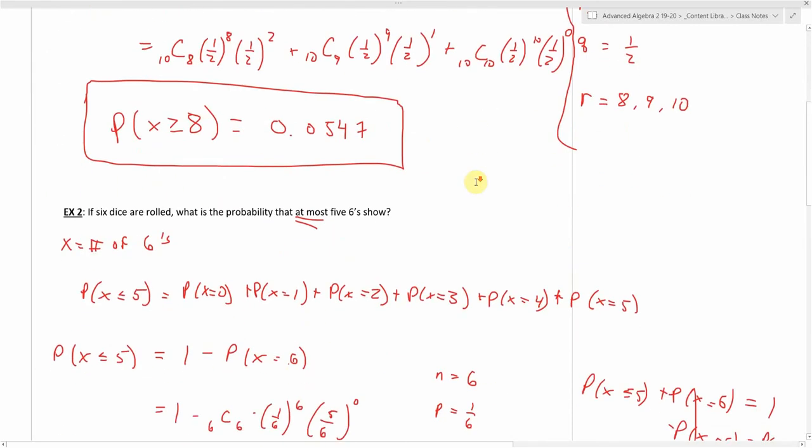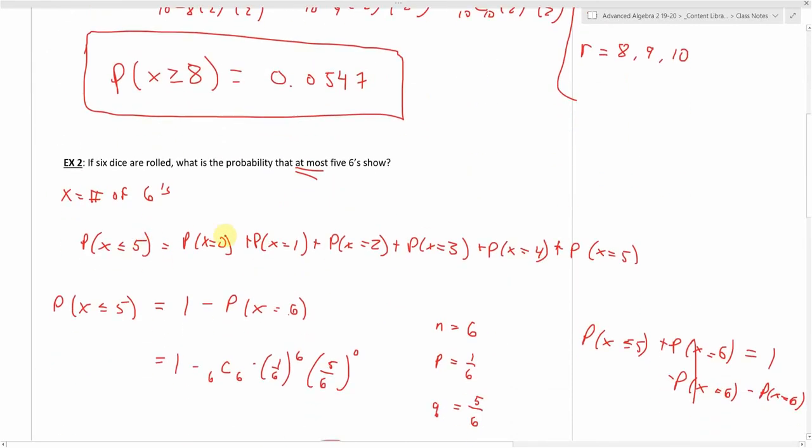But if we're going the other way, or if we have a lot of possible successes, we might want to take the complement and say, rather than add up all the successful outcomes, let's just subtract the failing outcome, the one where we don't get at most 5 sixes. So be smart in how you go about doing that. If you had added up all these, you would get to the correct answer, so it's not wrong if you do it that way. It's just going to take a little bit longer.